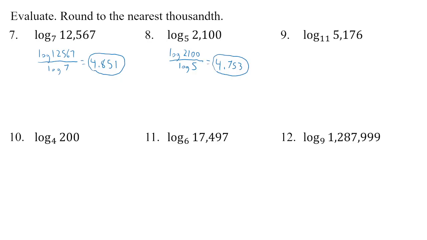Next, we have log base 11 of 5,176. So this is log of 5,176 divided by log of 11. We put this in the calculator, and you would get 3.566.